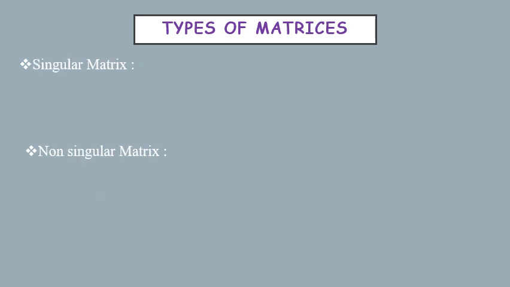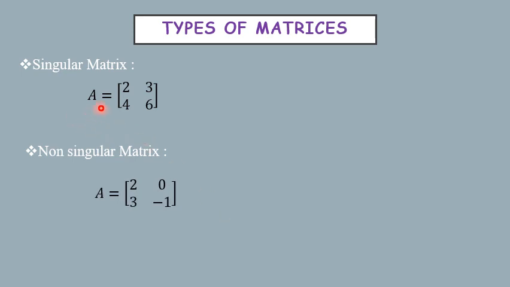Next, singular matrix and non-singular matrix. Okay, so singular matrix, it is also a square matrix whose determinant value equals 0. And non-singular means if the determinant value of a square matrix is not equal to 0, then it is called a non-singular matrix. So let us consider two matrices.